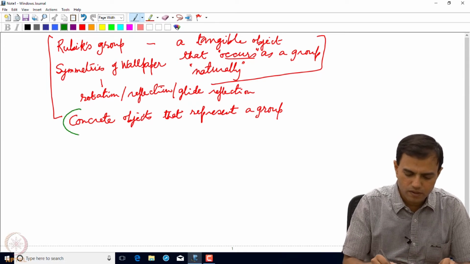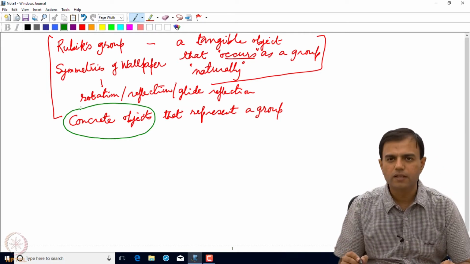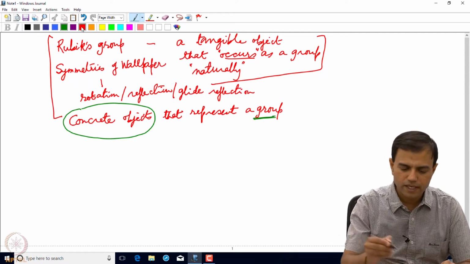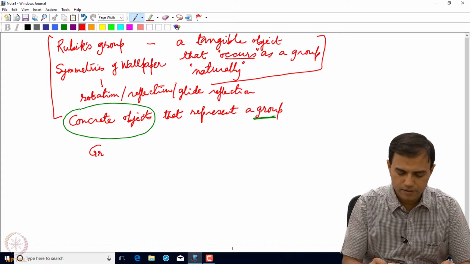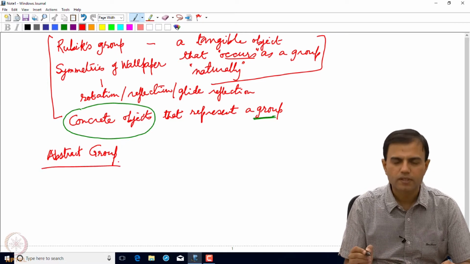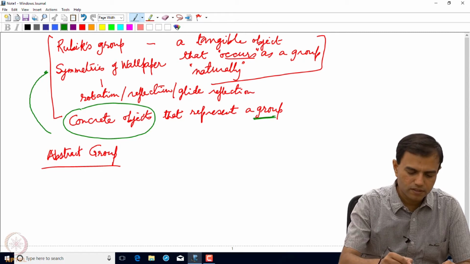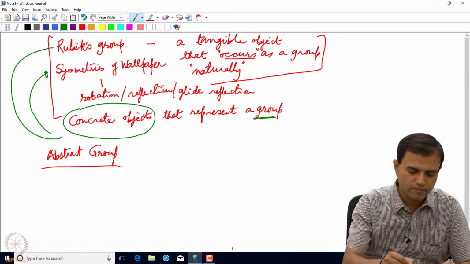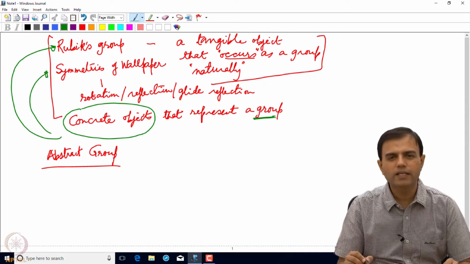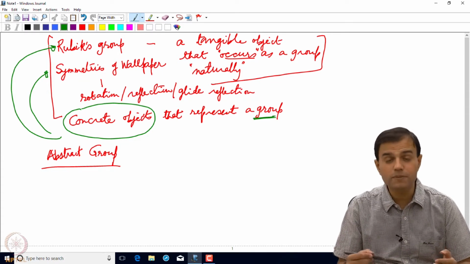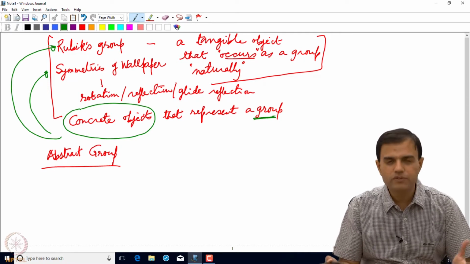So concrete objects these are. And group, as we know, is an abstract structure. Through these examples, through the example of wallpaper symmetry, through the example of Rubik's group, that abstract group gets a meaning. It gets represented in, well, if you say, real life situation.